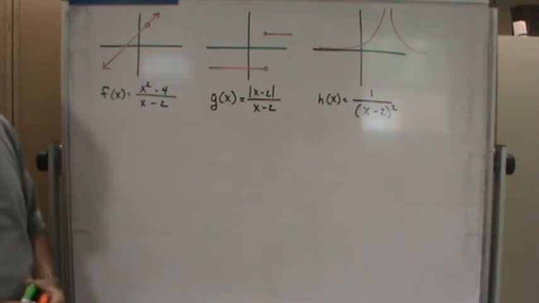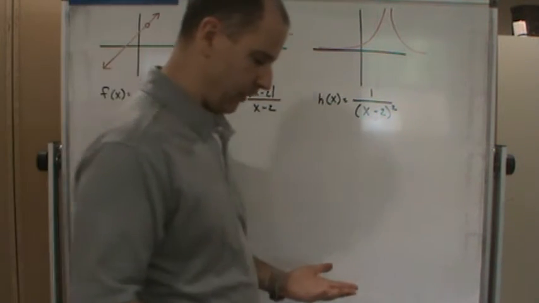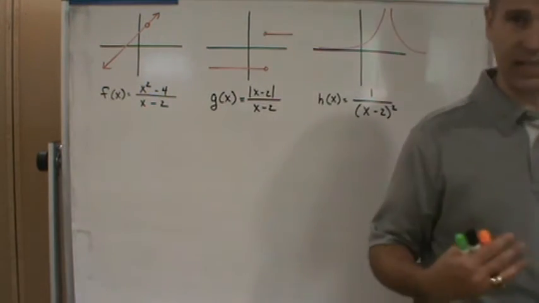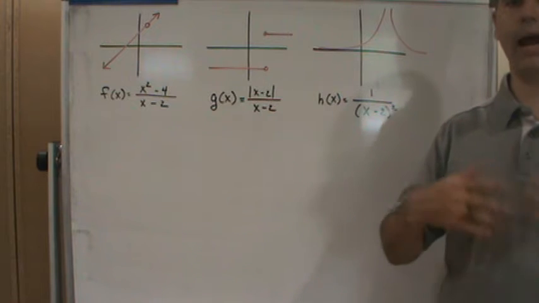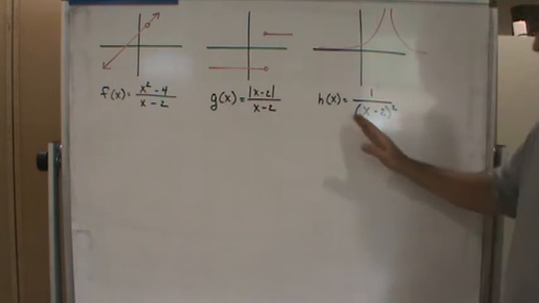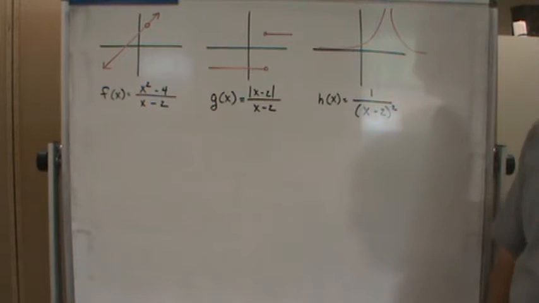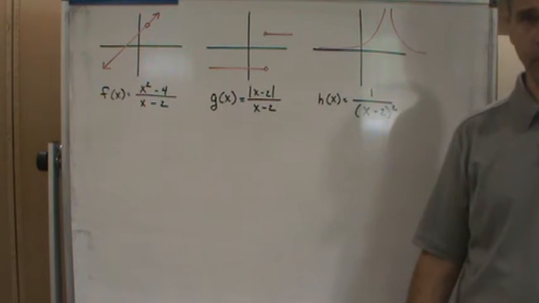So these are undefined. Now, if we just stop there and just say these are undefined at x equals 2, then we miss a lot of information about the behavior of the graph around x equals 2, because all three of these graphs behave differently at x equals 2.